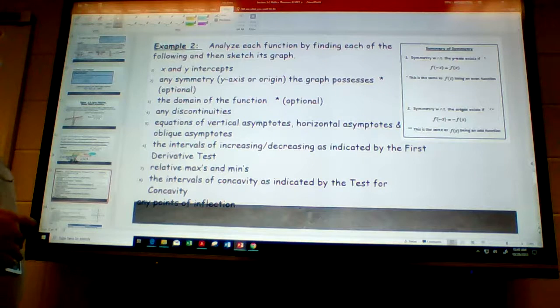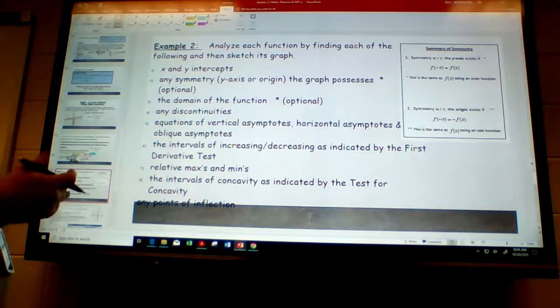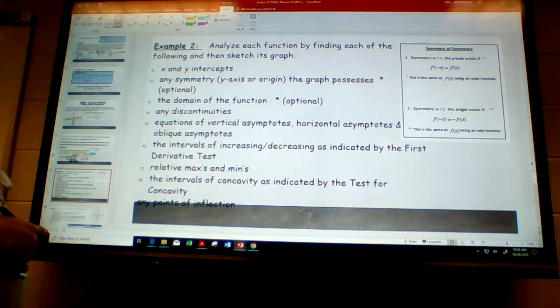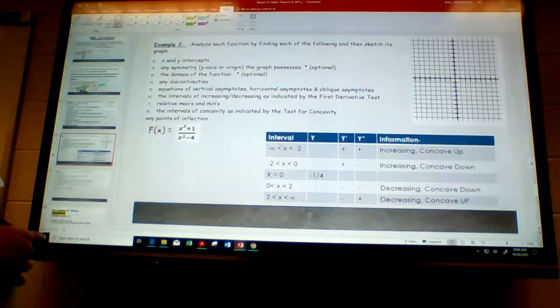The intervals, whether it's increasing or decreasing as done by the first derivative test. Relative maximums or minimums. Intervals of concavity as indicated by the test for concavity, or any points of inflection. So we did that right here. And I'm going to pause it for a moment so I can write this down.